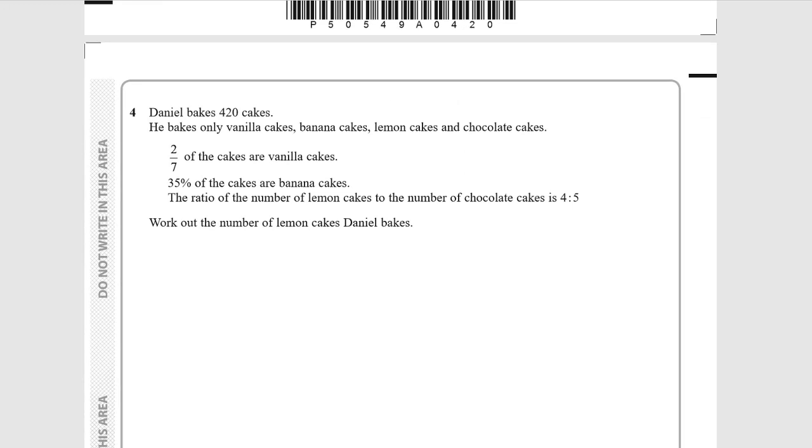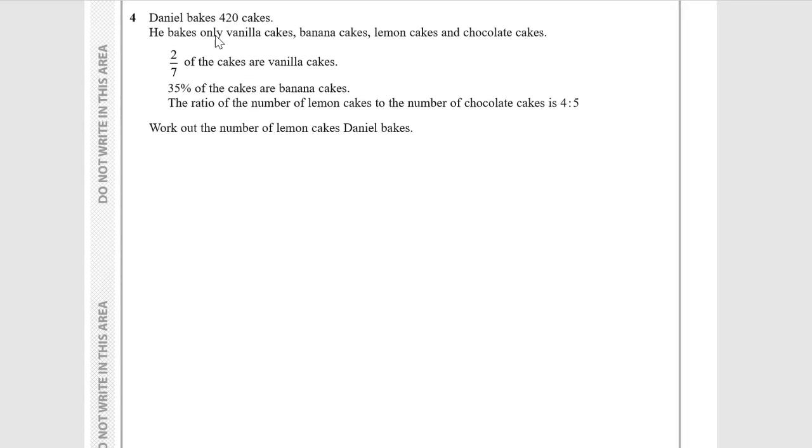Question 4. So it says Daniel bakes 420 cakes. He bakes only vanilla cakes, banana cakes, lemon cakes, and chocolate cakes. 2 over 7 of the cakes are vanilla cakes. 35% of the cakes are banana cakes. So let's again just highlight vanilla cakes.